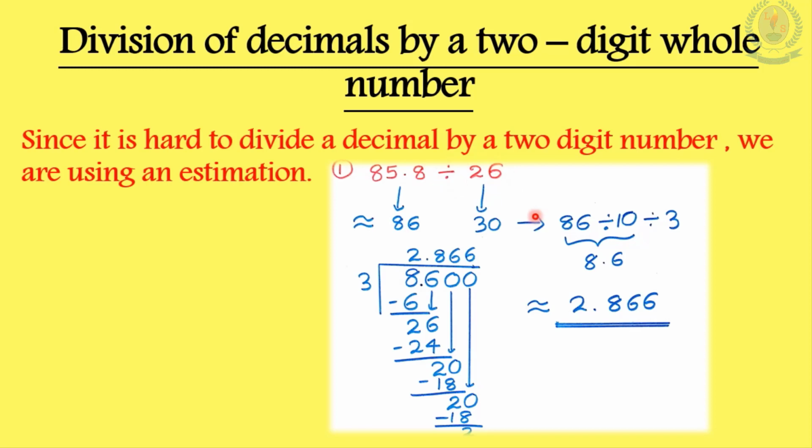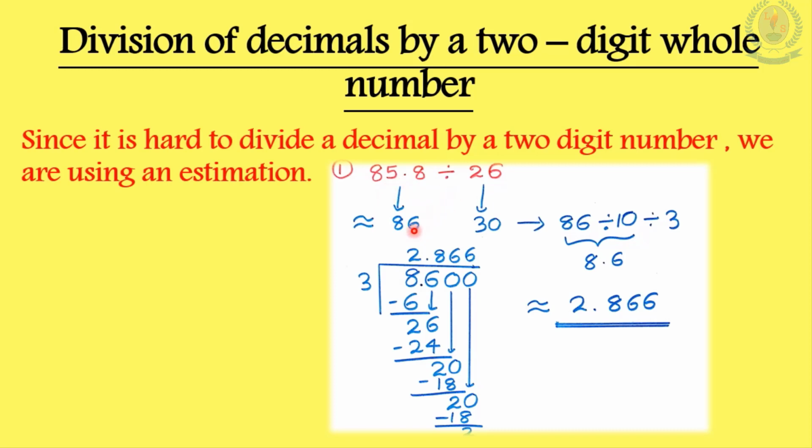Here this is somewhat hard, so we have to estimate these values, so we have to round off these values, right? Then instead of writing 85.8, we can just write 86 without the decimal, rounded off to the ones place.